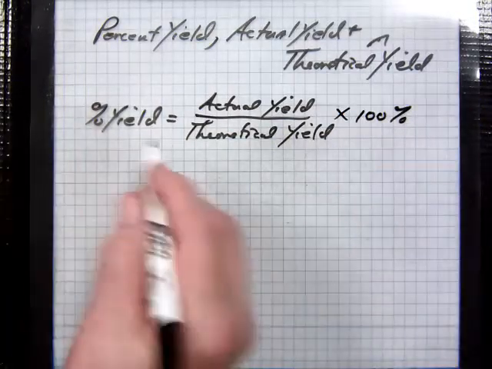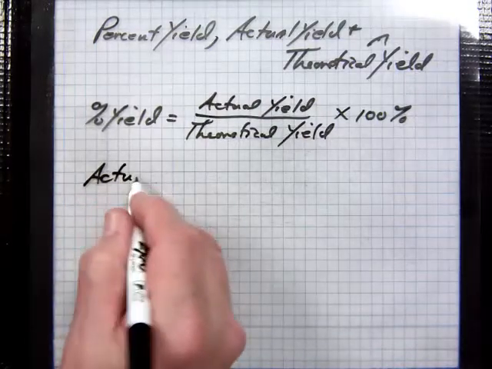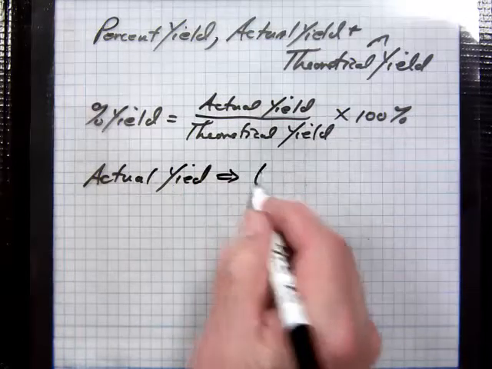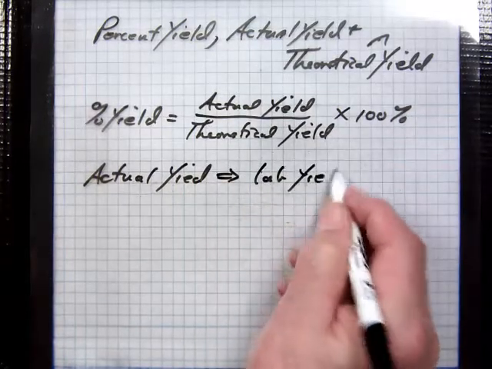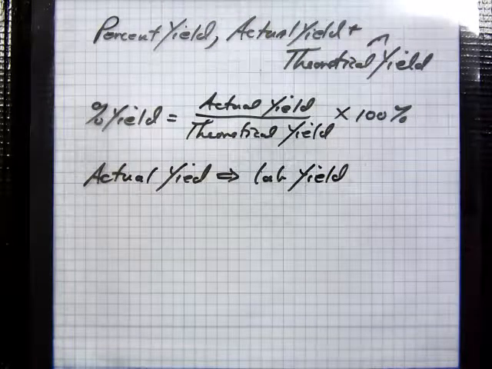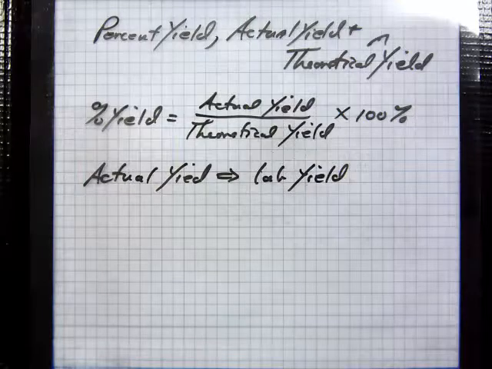Now, it might be helpful to make these notes. Actual yield, I sometimes call the lab yield. You run a reaction in the lab and it's going to give you a certain amount. Well, that's always going to be less than what you theoretically could produce.